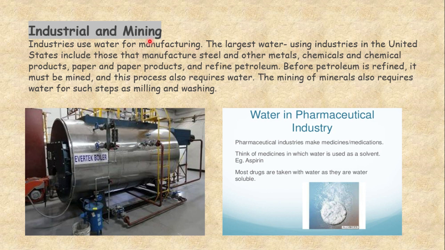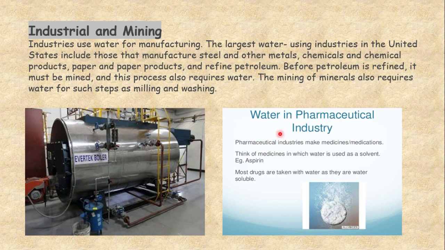Industrial and mining. It means water is also used in some industries and mining. How? Like this picture is showing you the boiler. The steam boiler is there. So it is used to produce heat, and also as a solvent, or it can be used to cool the parts of different machines.